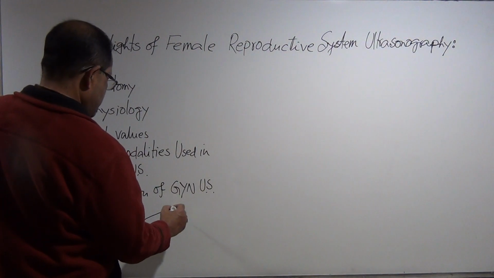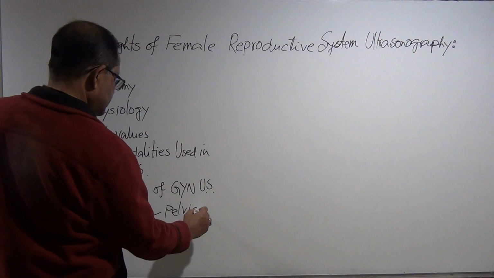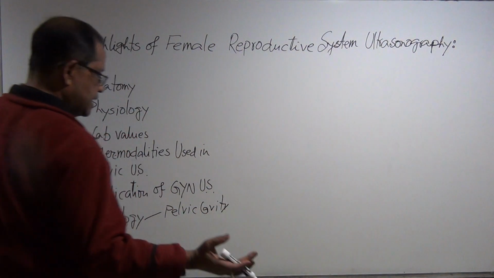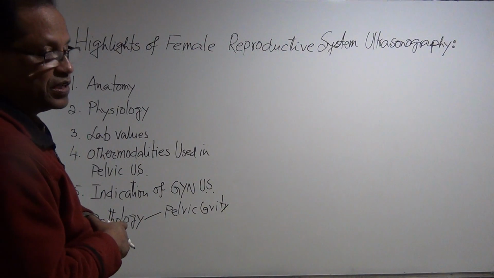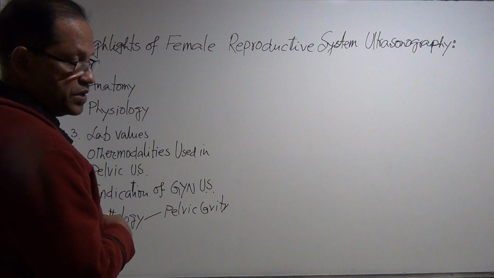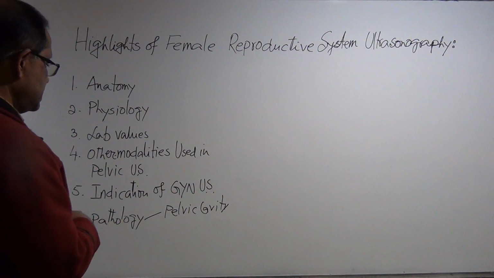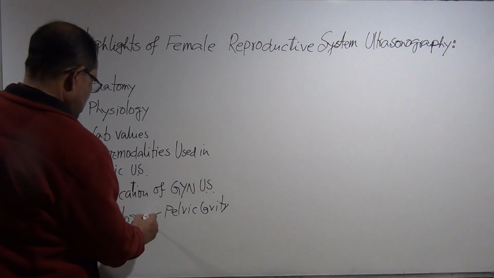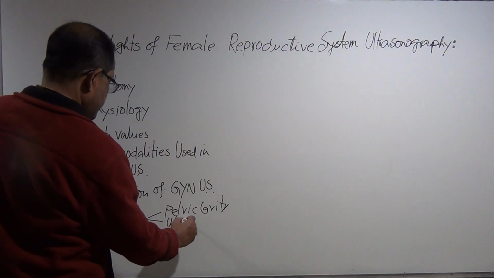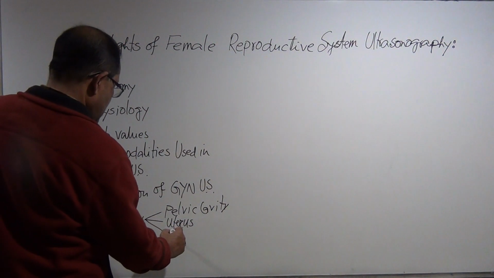You need to know the pathology of the pelvic cavity, like pelvic inflammatory disease, then endometriosis, this type of diseases we need to know, and also pathology of the uterus in details, then pathology of the ovaries.